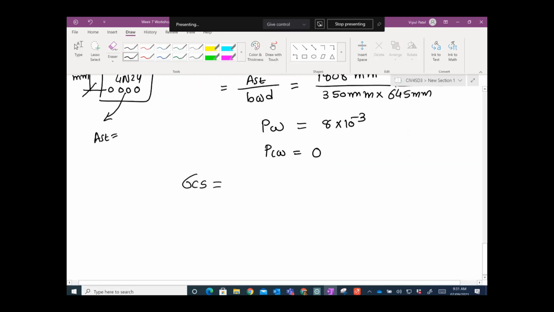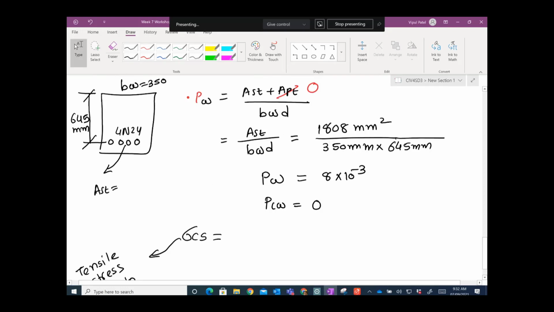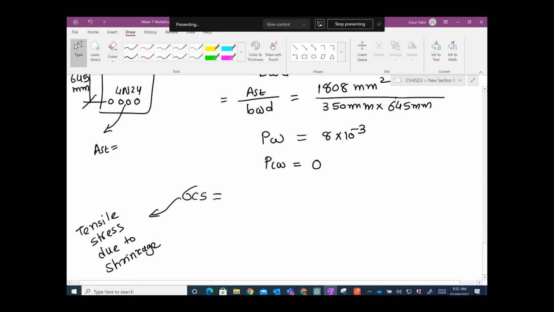Sigma CS, by the way, is the shrinkage-induced tensile stress, the tensile stress due to shrinkage. You know, the concrete shrinks, and that shrinkage will cause tensile stress in this concrete.